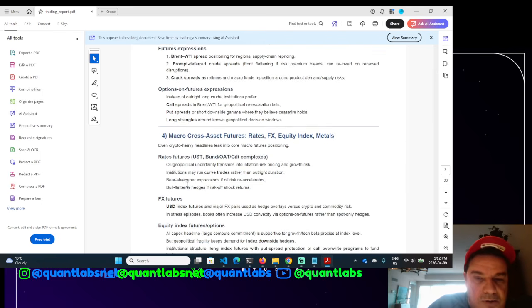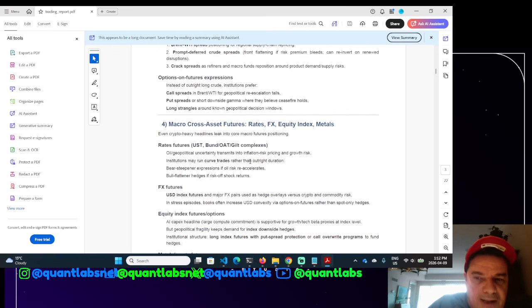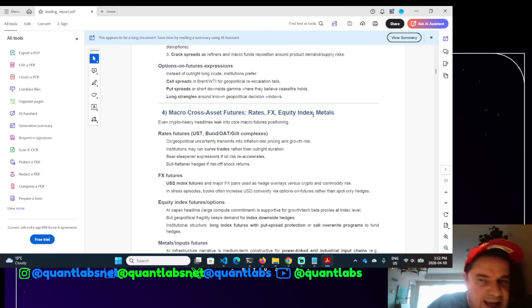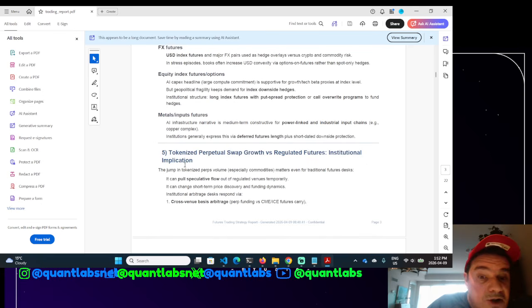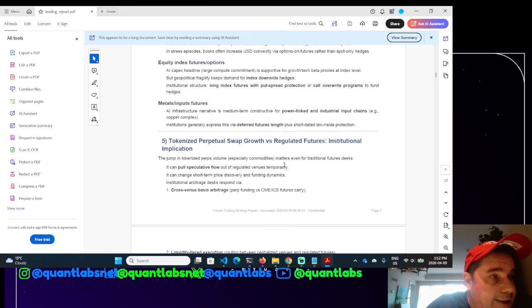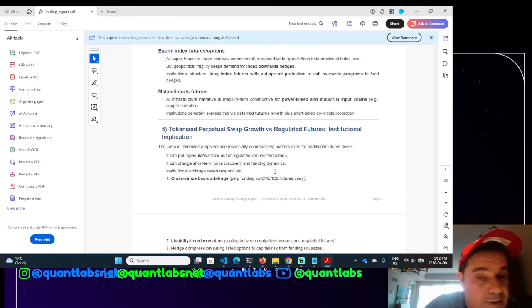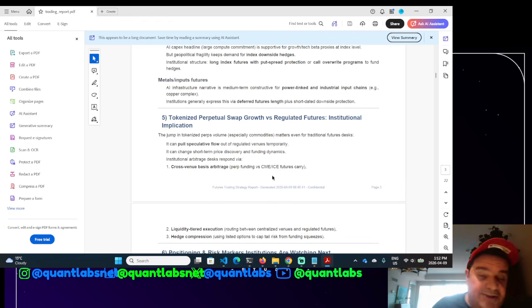Then we get into macro analysis on FX, equity indices, metals, and so on. Tokenization on perpetual swaps, that again has an impact. Here, because it's CME only, you won't hear about Tether or USD Circle. That's a huge impact right there.